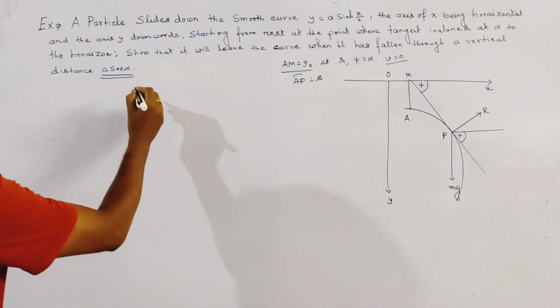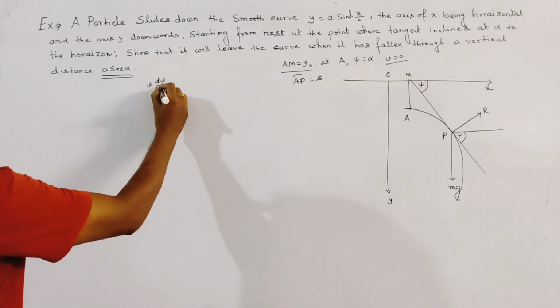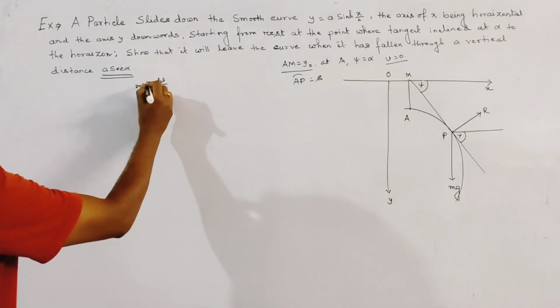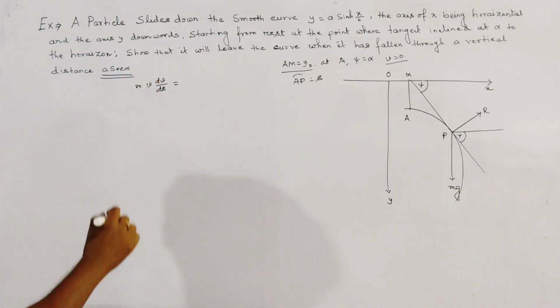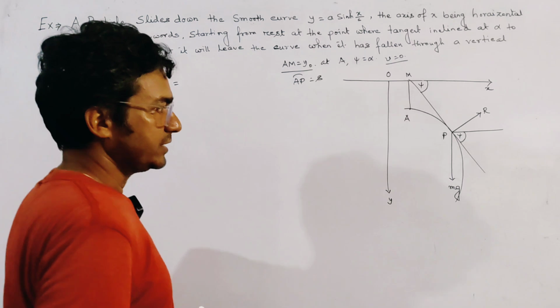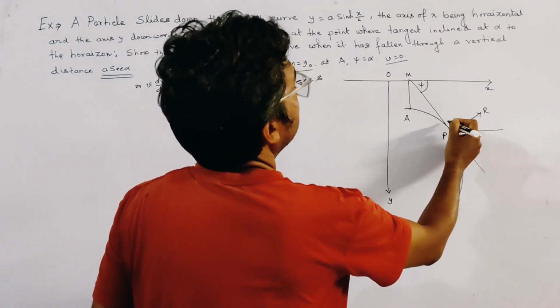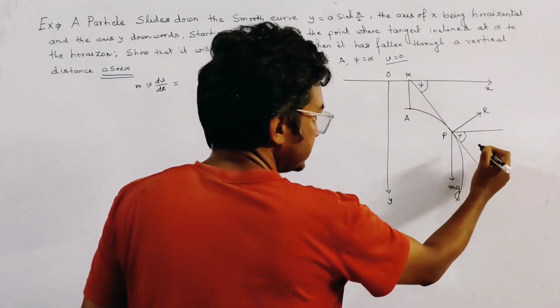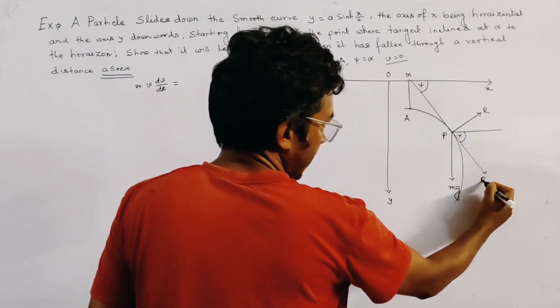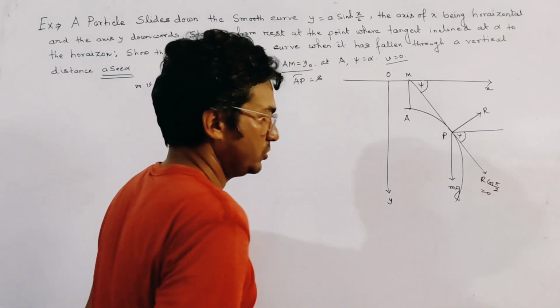The tangential equation of motion is m v dv/ds on the left side, and the right side is the component of R along the tangent at P, which is 0, because this is R cos(pi/2), so this is 0.